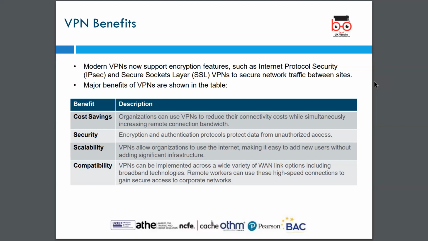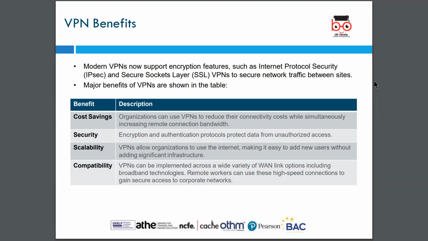Some of them could be cost related, where an organization will reduce the connectivity cost and increase remote connection bandwidth. Also, security measures: because we're not browsing in the public network anymore, but creating our virtual private network, with the encryption it will be very difficult for unauthorized people to access the data.